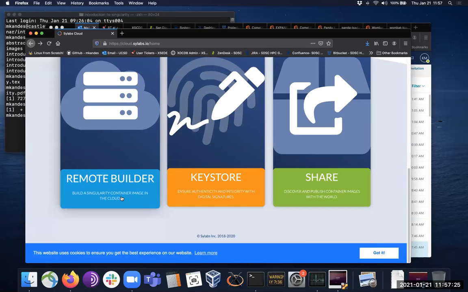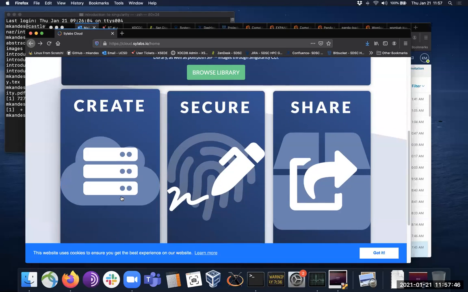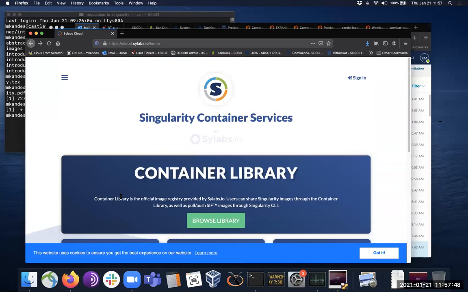They also have a build service, so you can upload a definition file and get your container built. It's a freemium model, so if you want to try it out, you create a login, you get, I think, 10 gigabytes of storage. I don't know how long. There's also some limitation on the build service itself. So that's the Singularity-specific registry. It's like Docker Hub for Singularity.